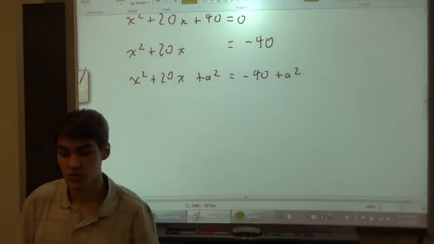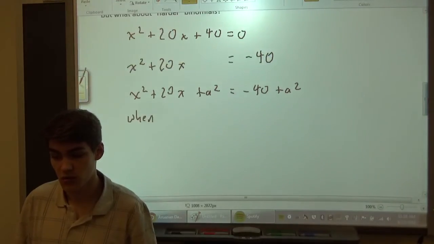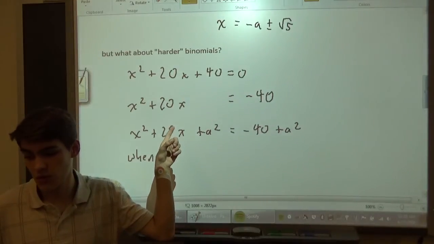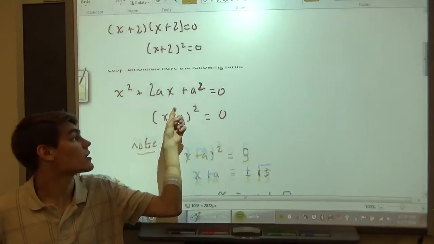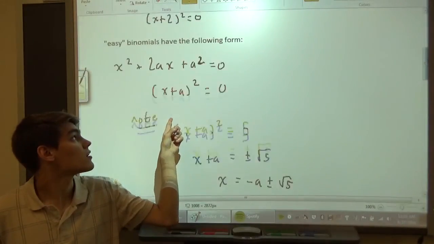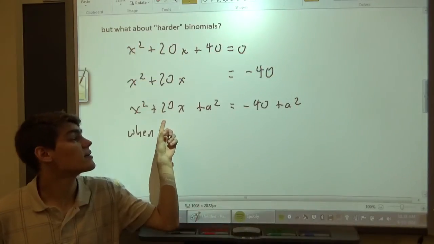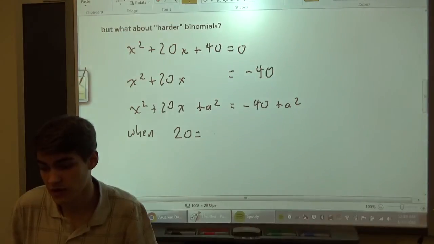So this is true when what's true? Just looking at this side of the equation, what's the difference between that and an easy to solve binomial? Well, hopefully I scrolled up and down enough for you to see that the only thing that's different is the 20 and the 2a, so they've got to be equal.